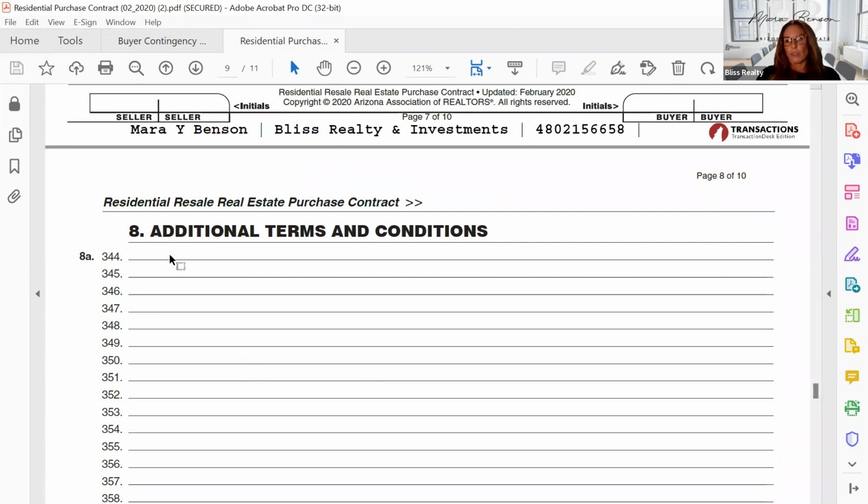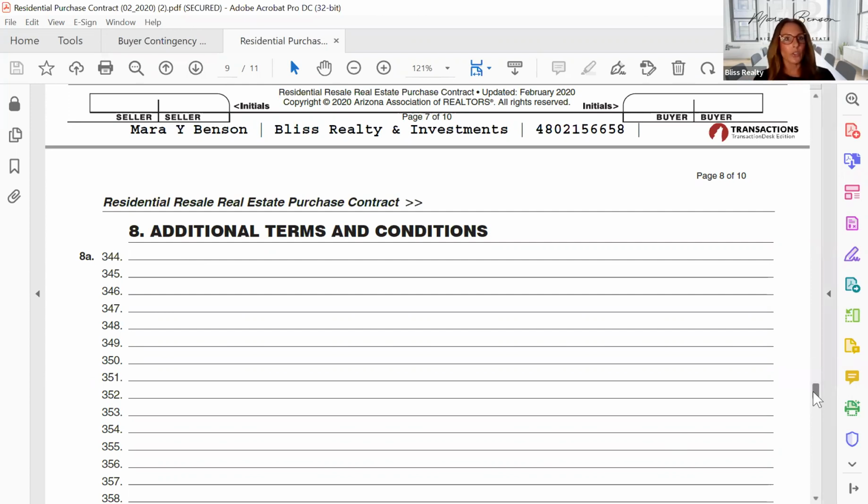I'm trying to think of any time, but there should be no additional terms in here because we're not attorneys. And anytime agents write stuff in here, we have now just tampered with the contract, with any kind of language. And you don't know if that's damaging the buyer or the seller if someone breaches or cancels the contract and you have to go to court.